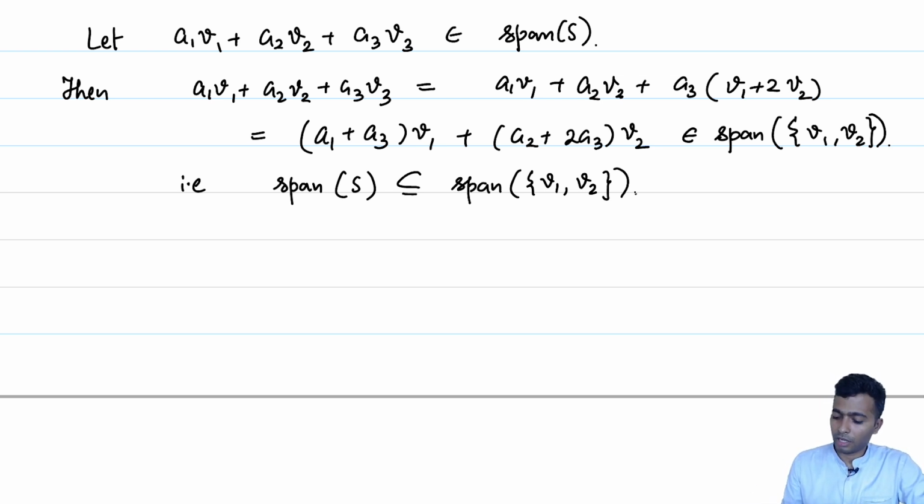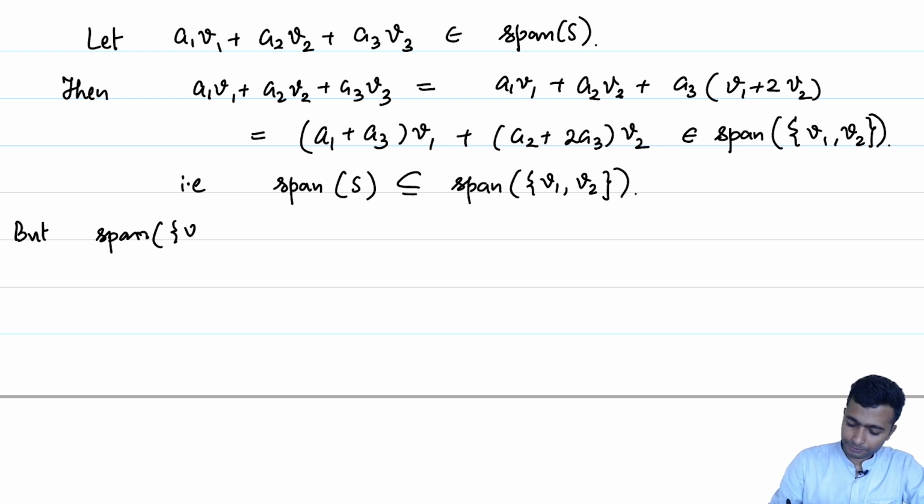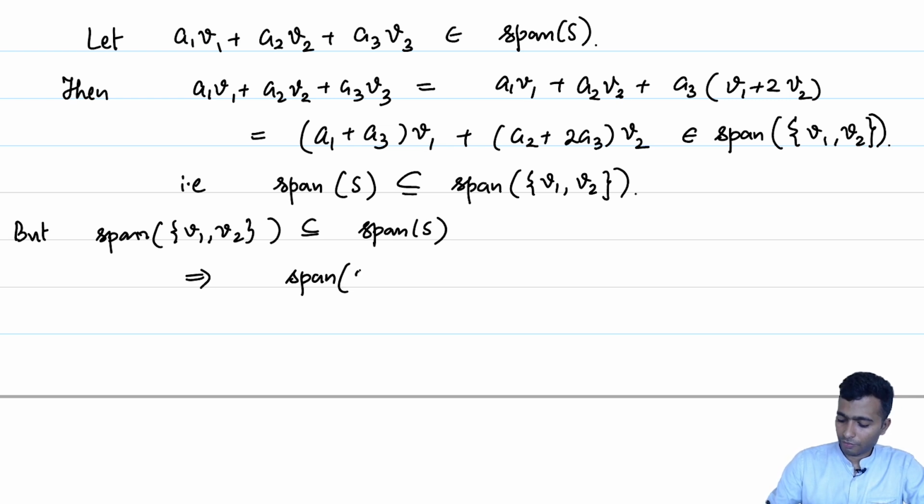The point is that span of V1, V2 is always contained in span of S, because S is a bigger set. And therefore, for looking at the span of S, we have to only look at the span of V1, V2.